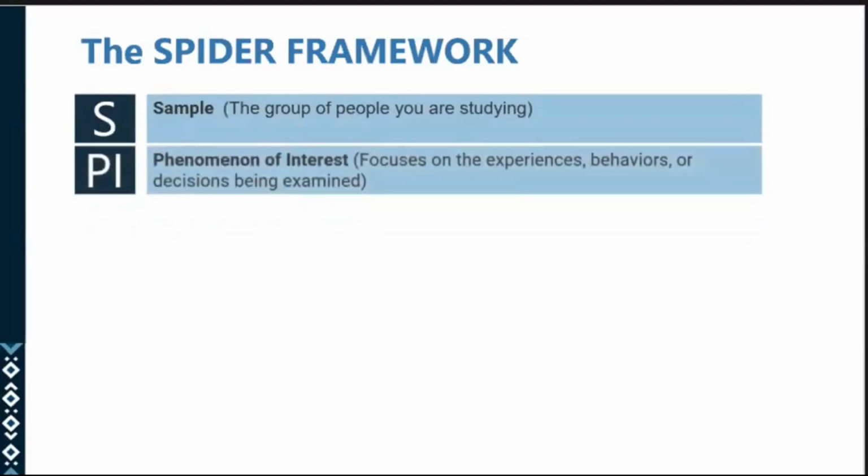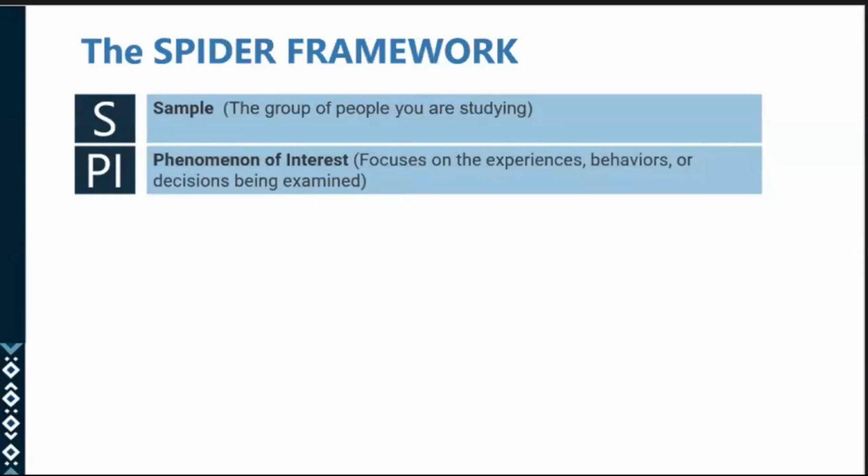PI here stands for phenomenon of interest. When we talk about phenomenon of interest, it focuses on the experiences, the behaviors, or the decisions being examined. For example, our phenomenon in qualitative research can be participants' experience with self-screening for cervical cancer. That's what we are trying to explore in our research question.